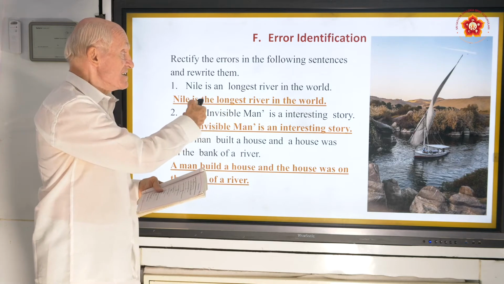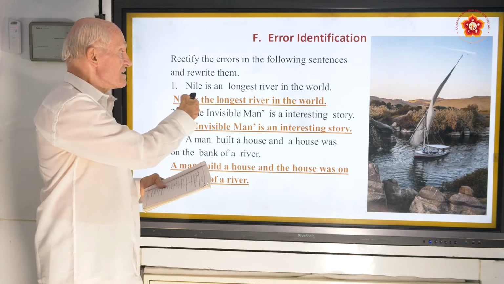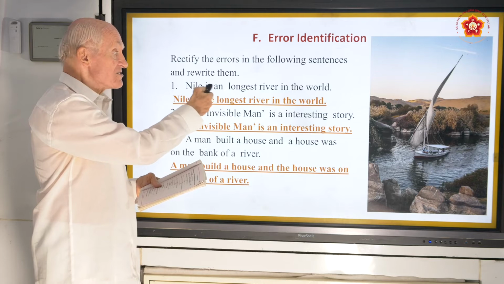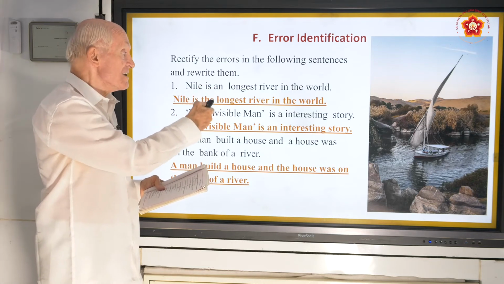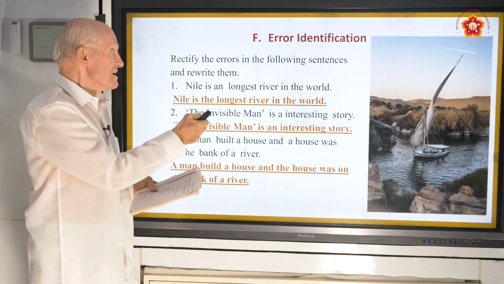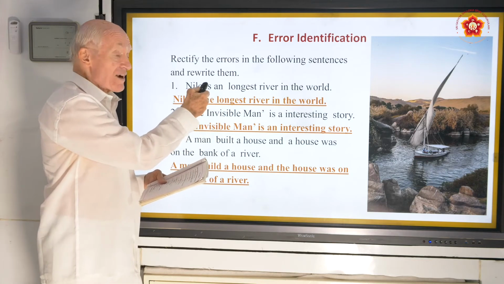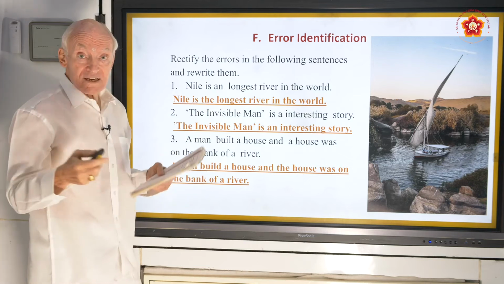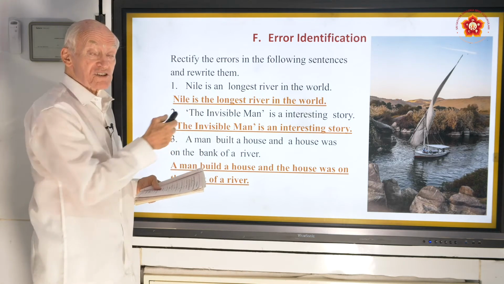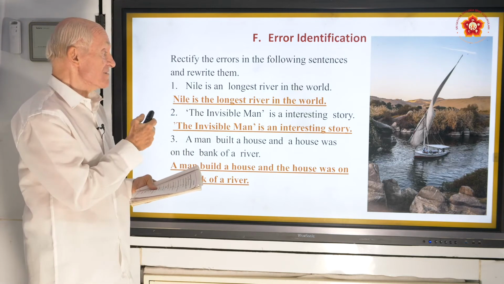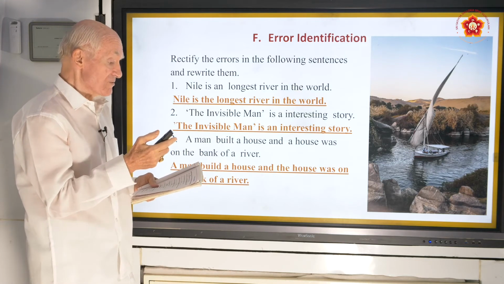Is the longest, because we've identified Nile, Nile is the river. We're not going to any river, we're going to the longest river in the world. So instead of an or a, which is an indefinite article, we go to the, which is a specific article. So we have Nile is the longest river in the world.